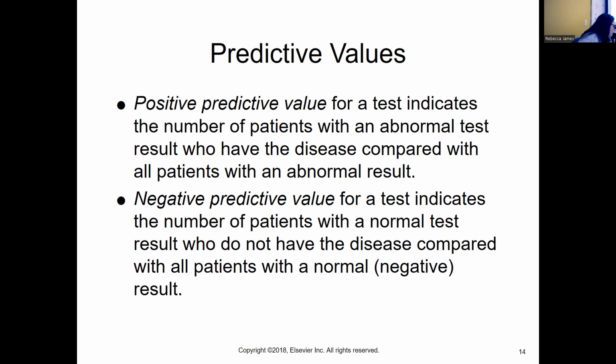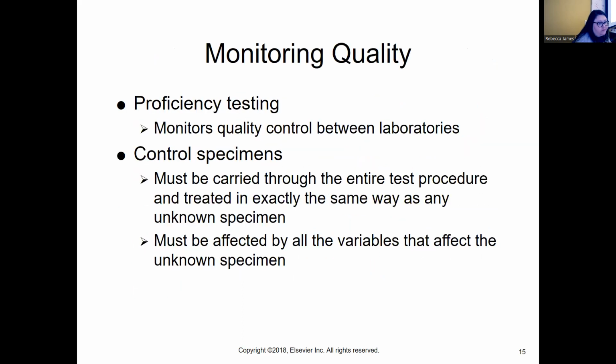I'm not really concerned about predictive values. So go to monitoring quality. How do you monitor quality? Proficiency testing is incorporated into CLIA requirements. CLIA is concerned about two different types of testing.